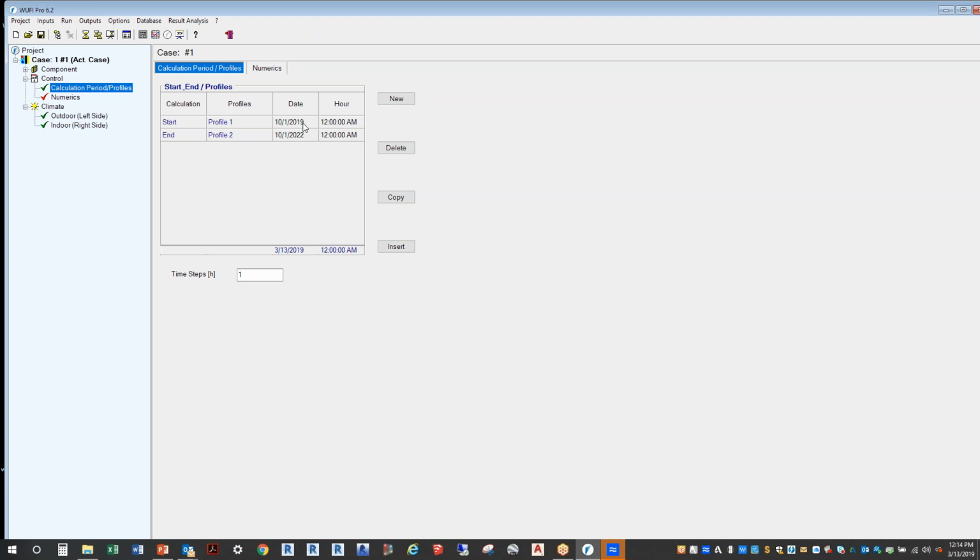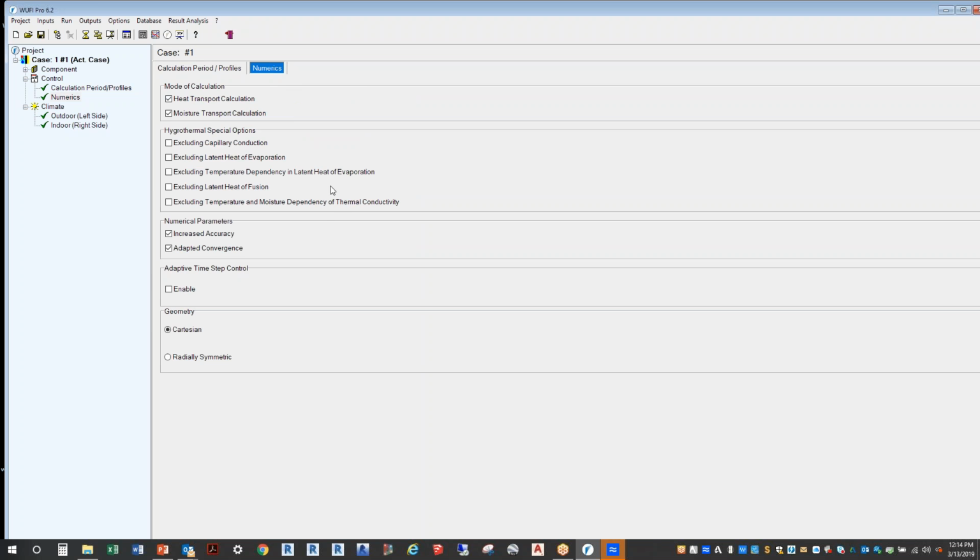So right now it's set from, I'm going to change this to January, and I'm going to change this to 2020. So we'll just do 1 year, just because it'll run faster.